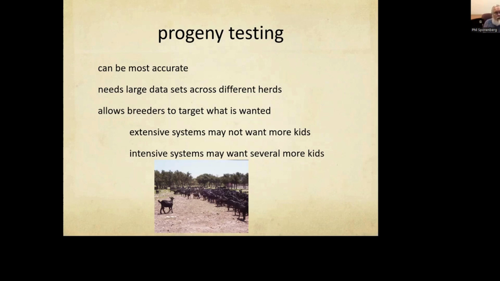Now, in intensive systems, especially a dairy situation, you may want several more kids. So you may want to use that buck that has the reputation or the proven genetic propensity for producing the most kids out of those doelings he's sired. So it all depends on the system. Next.